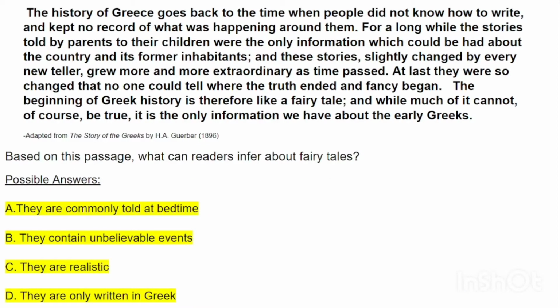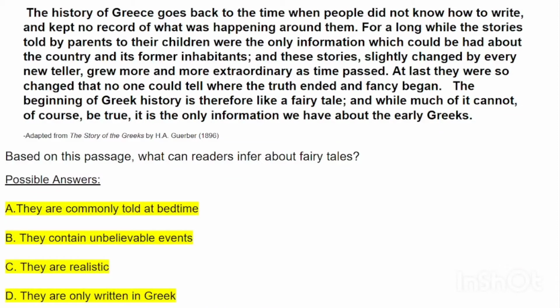Okay, so now we're going to practice a passage. So I'm going to go ahead and read the passage now. The history of Greece goes back to the time when people did not know how to write and kept no record of what was happening around them, right? So keep in mind, these people did not know how to write and they did not keep record of what was happening, right?